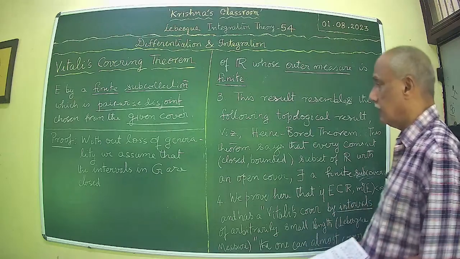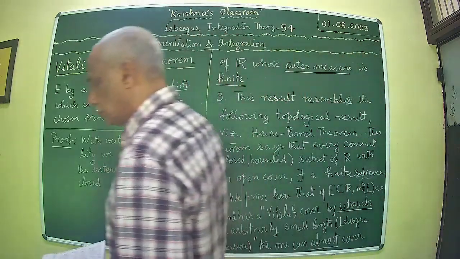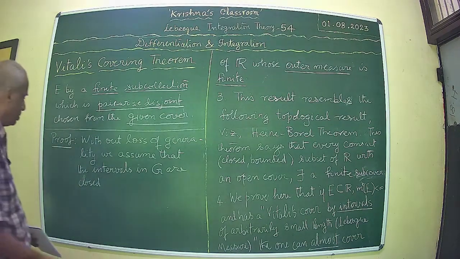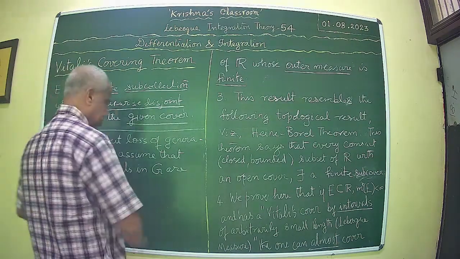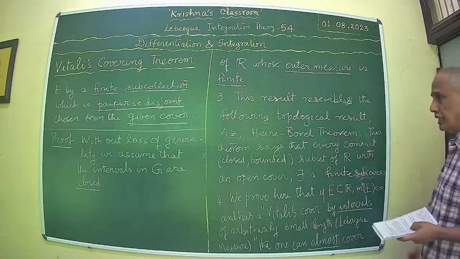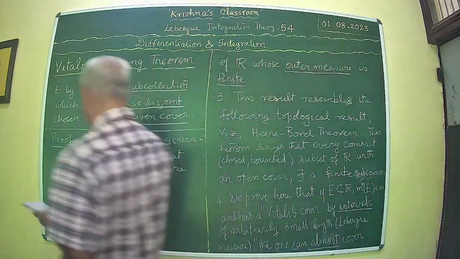See, the collection that we are going to use are only intervals. Okay, so we assume without loss of generality that they are closed. Now that's the first step.